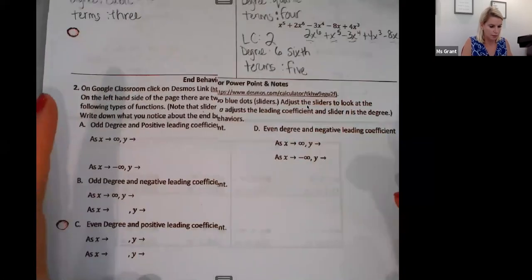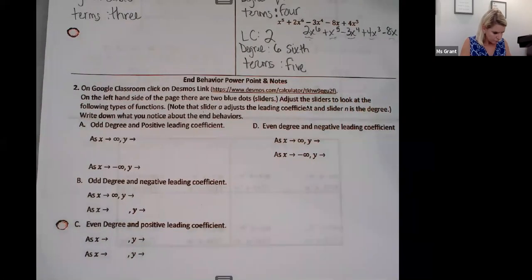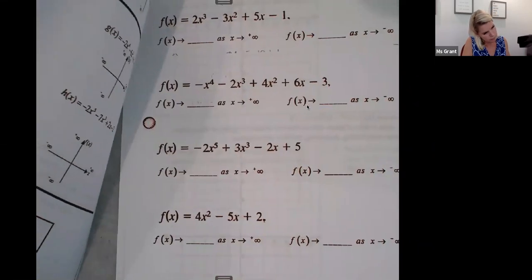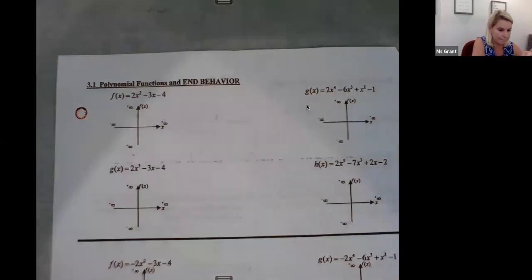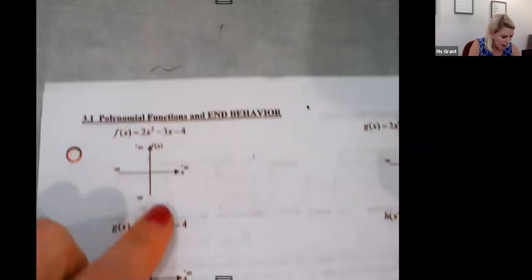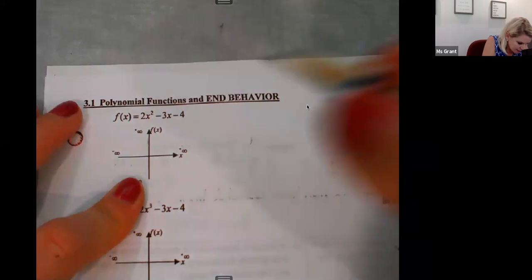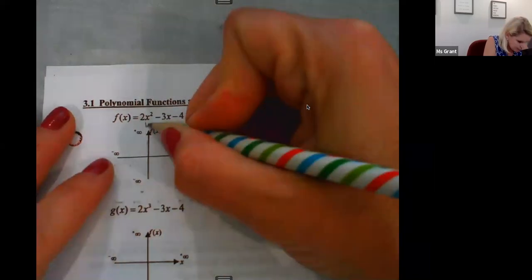Okay. I want to show you a graph first. So let's turn to this page first, because you need to see what I'm talking about when I say positive infinity, negative infinity. I just want you to look at the x-axis and the y-axis.